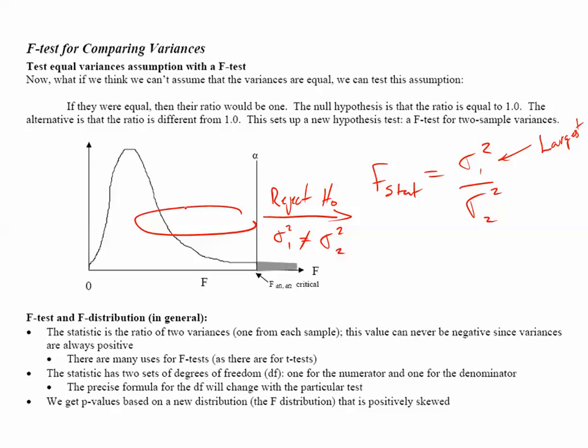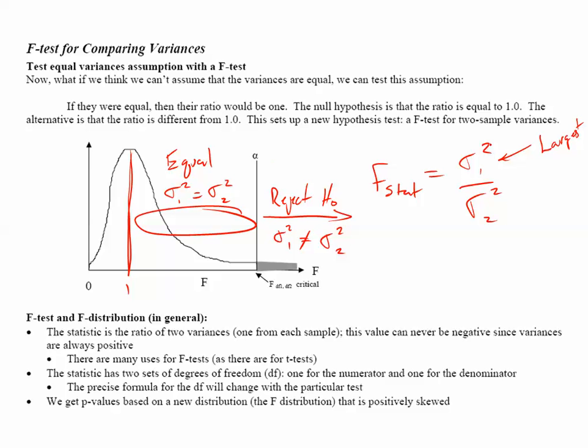Noting that when the largest variance is always on top, we can never get a ratio of less than 1. Anywhere in this range, we're essentially saying that the variance of the first is equal to the variance of the second. So in this range, we would use an equal variance t-test.